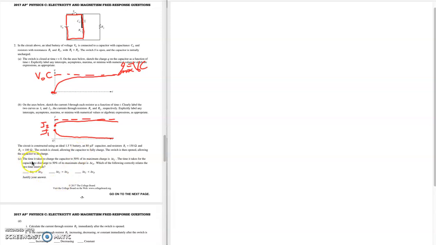Down in part C, they start to give us numbers. And they talk about how much time it takes to charge versus discharge. The amount of time that it takes to charge versus discharge is represented by the time constant. Now this R is the resistor that happens to be in series with the capacitor.